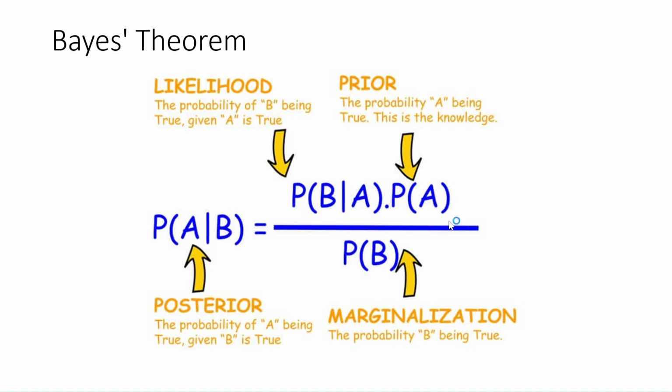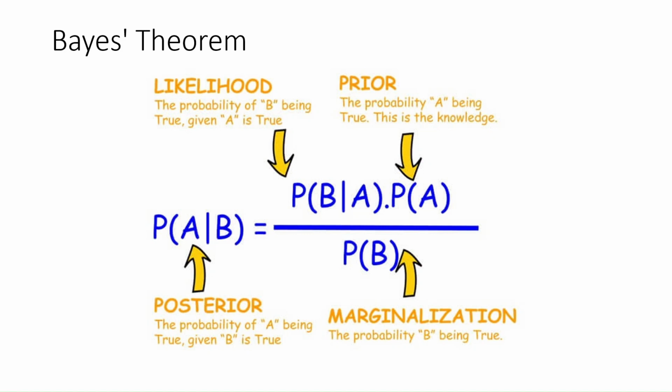Now the second part is event B, and in data science domain, event B is nothing but availability of new data point or new evidence or new measurement. So P of B is the probability of event B occurring on its own, and this is called the marginal likelihood or the evidence.